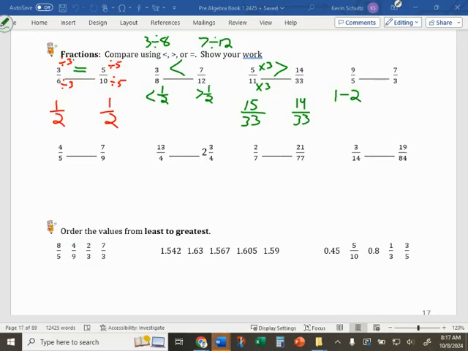Does it go in there 3 times? No. So we know that this fraction is somewhere between 2 wholes and 3 wholes. And so if you're looking at a fraction that's between 1 and 2 versus something that's between 2 and 3, well, this one's going to be less because it has fewer wholes. Right? So you could use that as a strat as well.